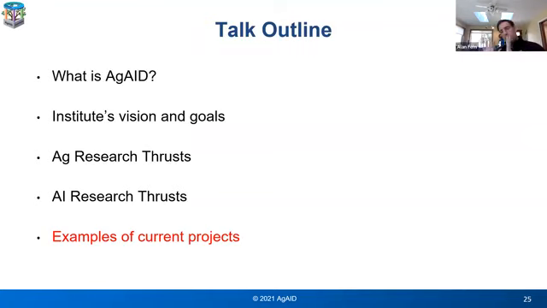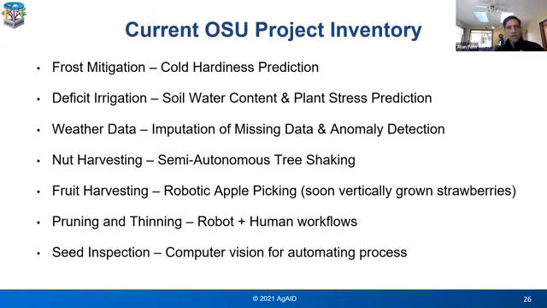All right, so that's all sort of high-level stuff about the Institute. Now I'm going to show you a couple of examples of projects. And to start out, I'll just say these are the things that OSU is currently working on. This list is growing, but the project started just late 2021, so we're really in the very early stages.